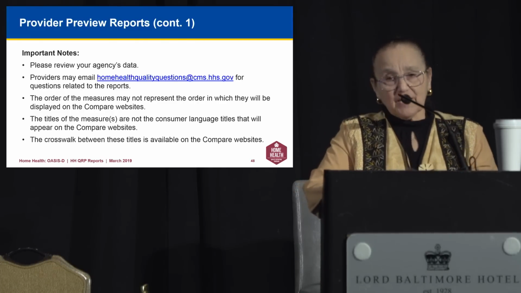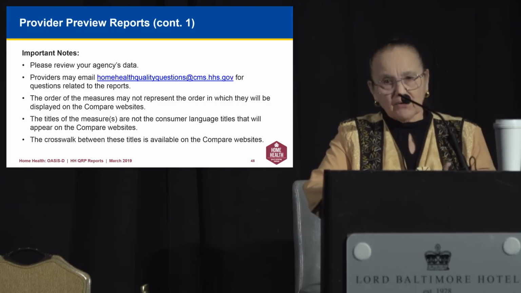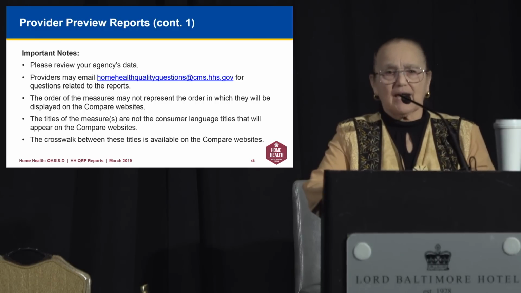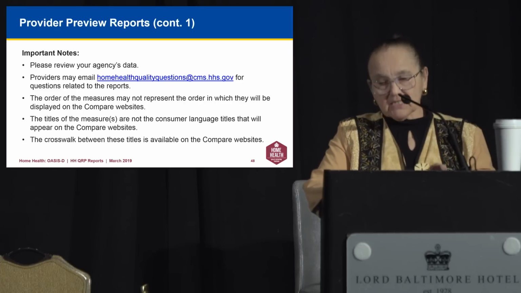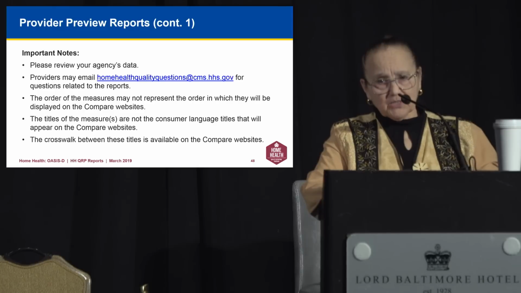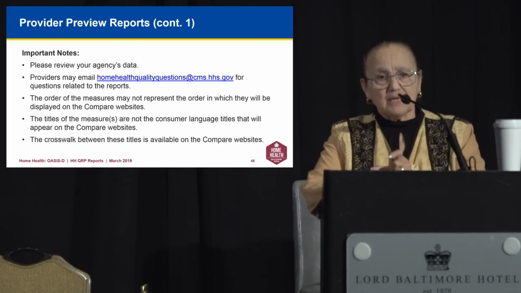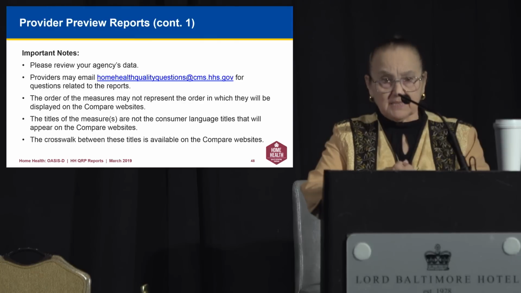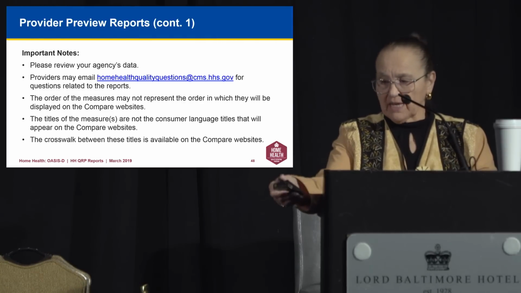And so especially the titles of the measures are not the consumer language that will appear on the Home Health Compare website, because we need to use language that the layperson is going to understand. There is a crosswalk between the titles the layperson would understand and see on the Home Health Compare website and the measure titles that we are accustomed to seeing. And you can find that on the Home Health Compare website.